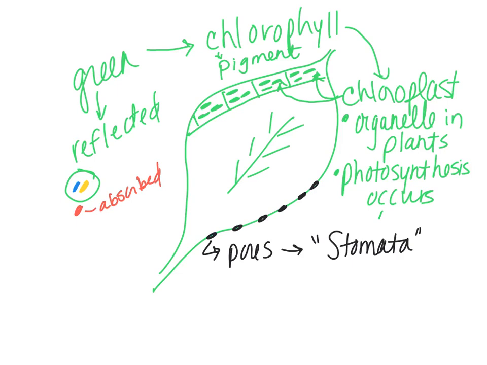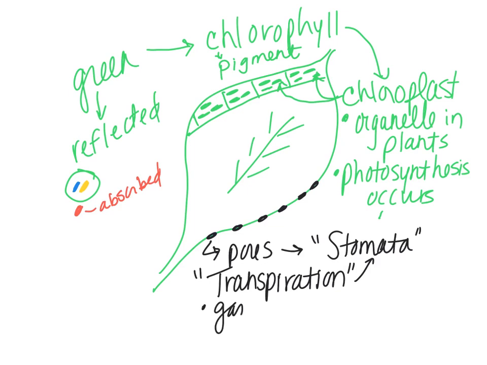But plants don't sweat. Plants, however, on these pores, instead of perspiration, like you sweating, we call it transpiration. And transpiration takes place through these stomata as they open and close, and it's really just for gas and water exchange.